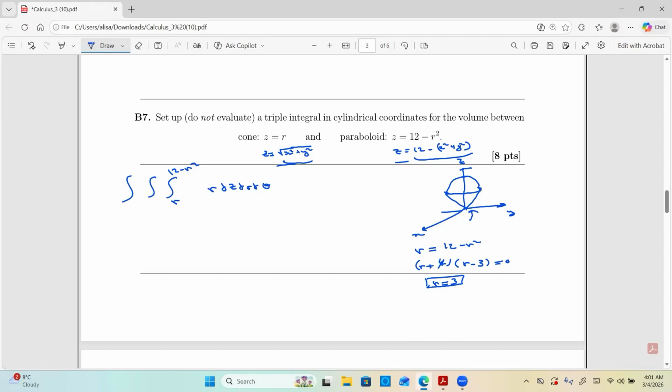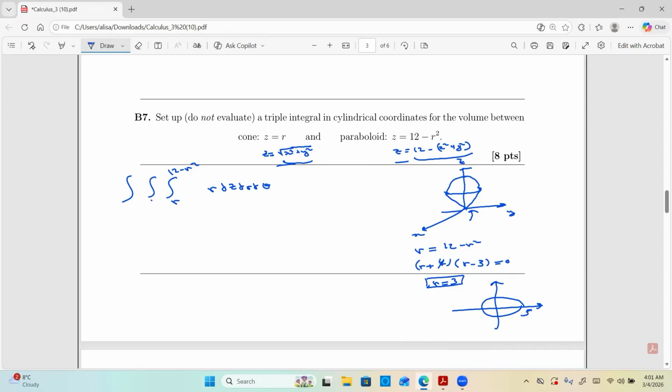Other than that, this is simply a circle of radius 3, center 0, 0. So the projection is going to be a circle over here of radius 3 and center 0, 0.